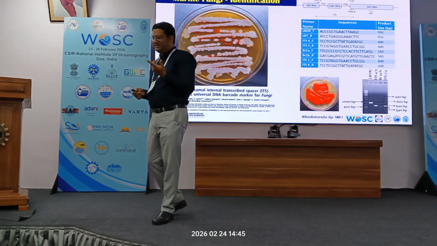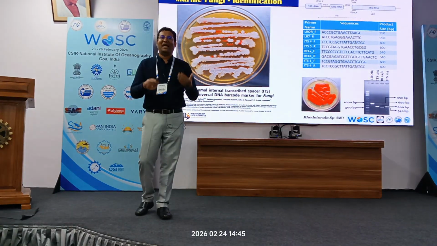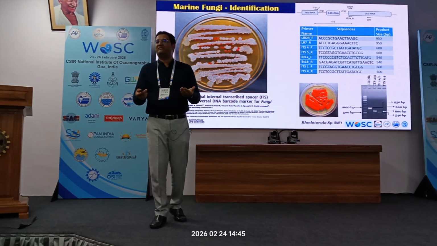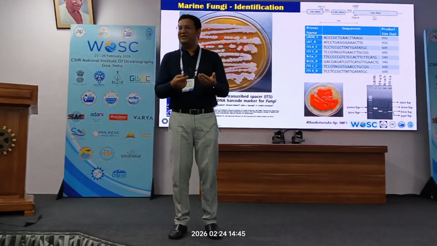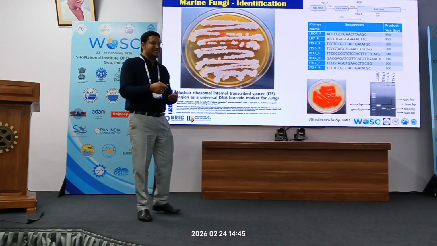Sometimes I also check similarity; it has to be 98% and above, but sometimes I got only 40% or 30%. Either I am the first to isolate it, or maybe no one has submitted the ITS sequence to NCBI.